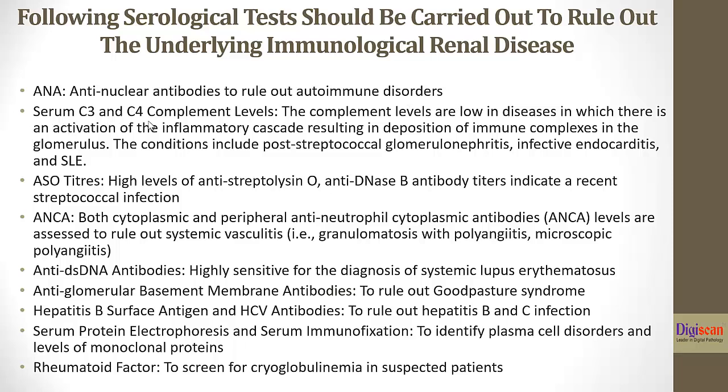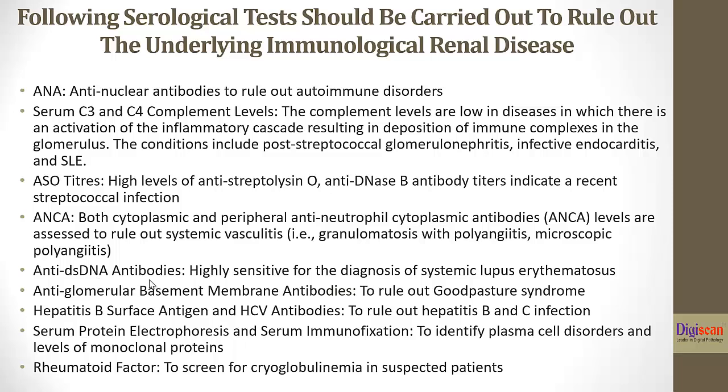The serum C3 and C4 complement levels may be low in post-streptococcal glomerulonephritis, infective endocarditis, and systemic lupus erythematosus. ASO titers may be done as discussed previously. Then anti-neutrophil cytoplasmic antibody levels are assessed to rule out systemic vasculitis.